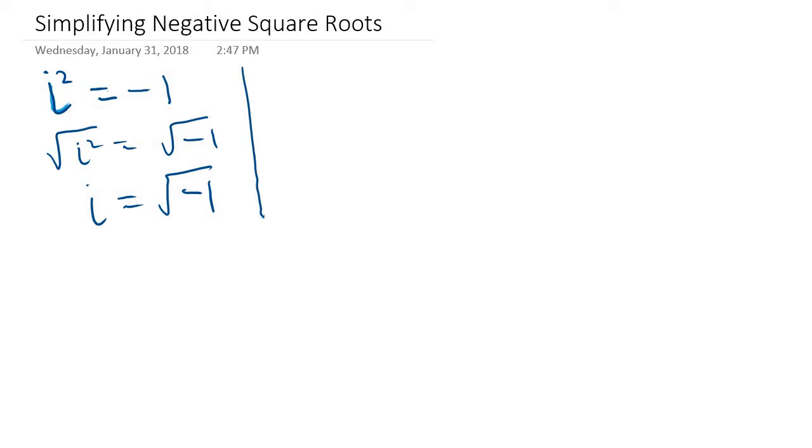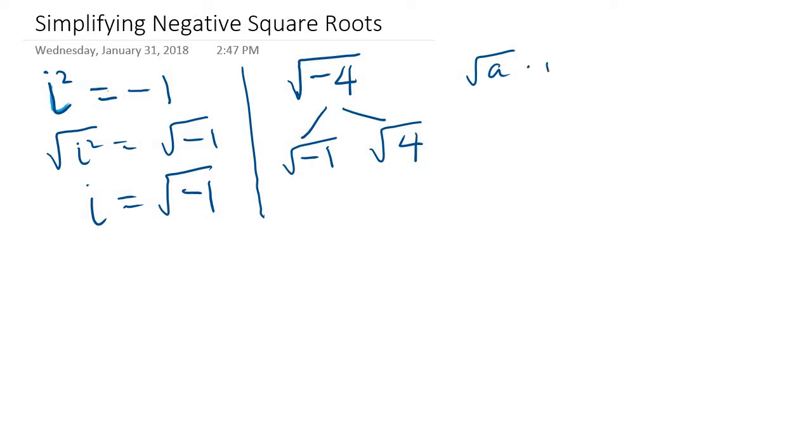For example, let's say I want to simplify the square root of -4. All I need to do is to break this into two parts. One part is -1, the other one is 4. We're using this property that the square root of A times the square root of B is the same thing as the square root of A times B. So I can break -4 into -1 and then 4.